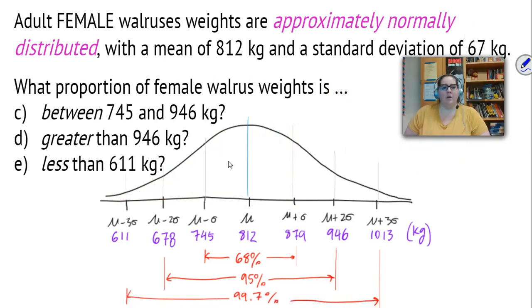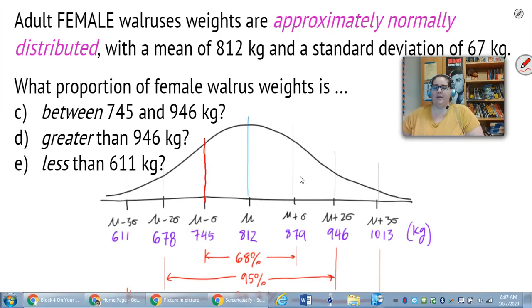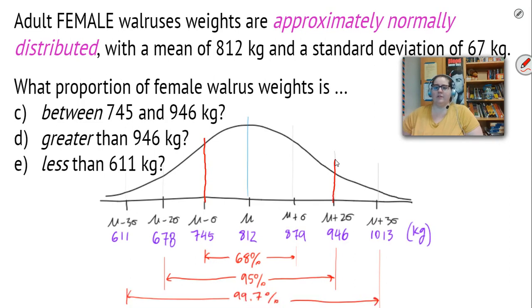I'm going to do one more example. So for example, if I wanted between 745, which is here, and 946, which is here, I could do some fun math to figure that out. I always like to work from the middle when I'm doing this kind of math.